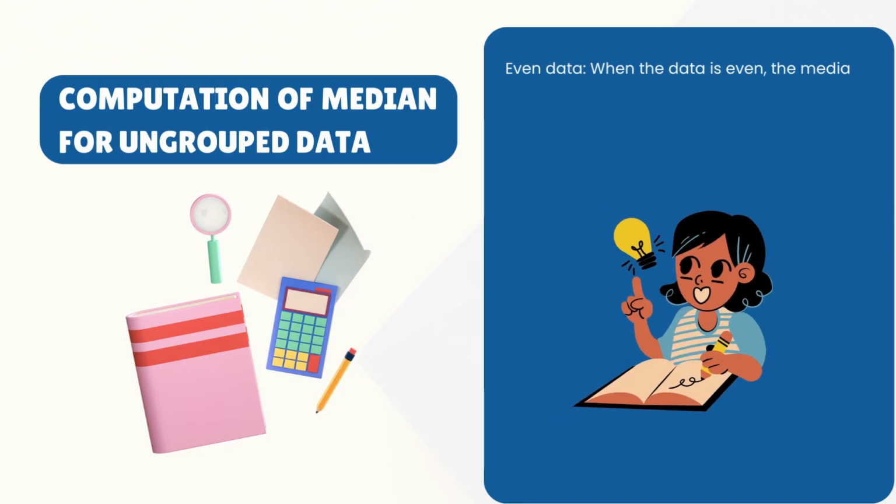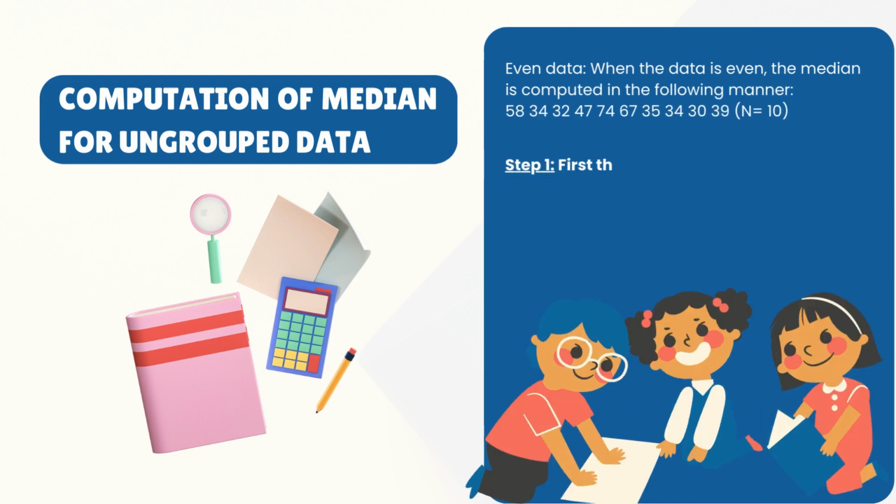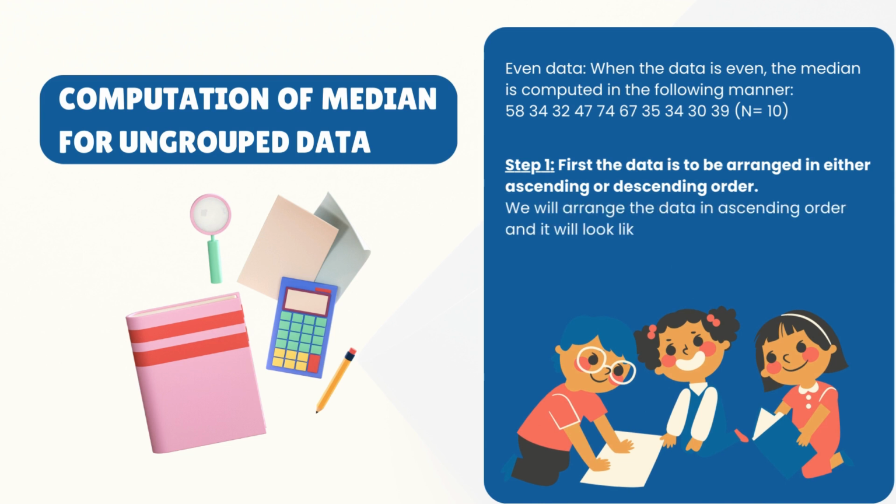If we have an even number of data, then the formula would be different. All the steps will be almost the same. First, for calculation of the median for an even number of data, we arrange the data set in ascending or descending order.